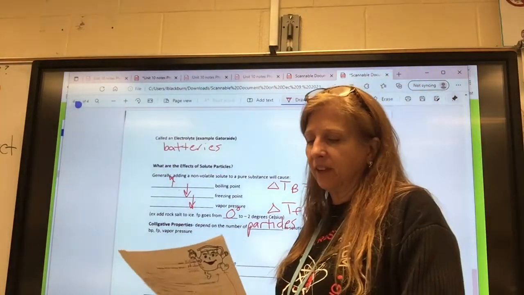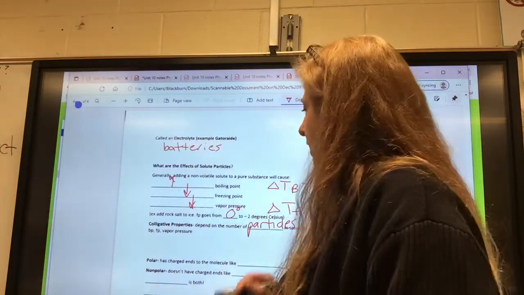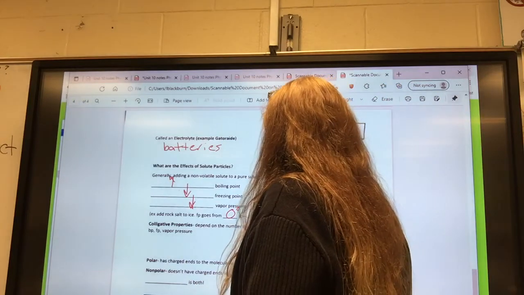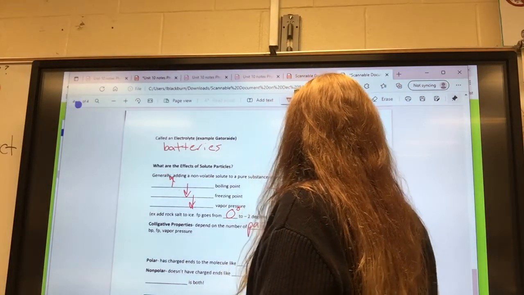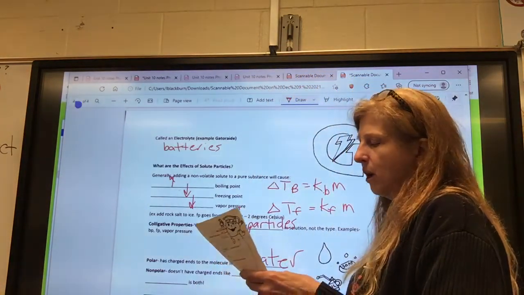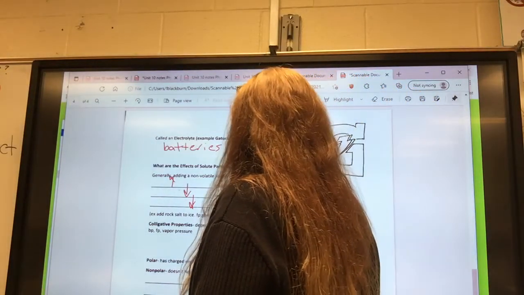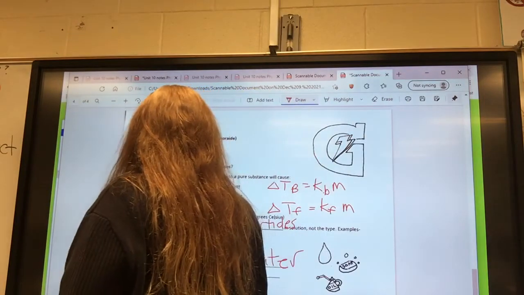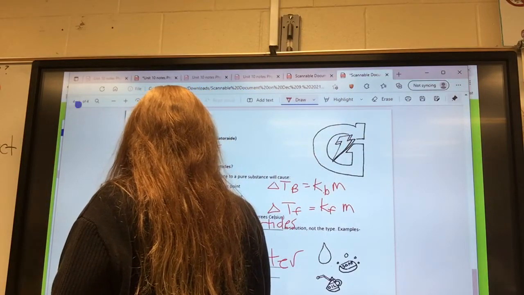Okay, now all of this has to do with polarity. You have to remember that polar has charged ends, with molecules like water. Water is the great example of a polar molecule. Non-polar doesn't have charged ends, like oil. And what's great about soap is it's both.